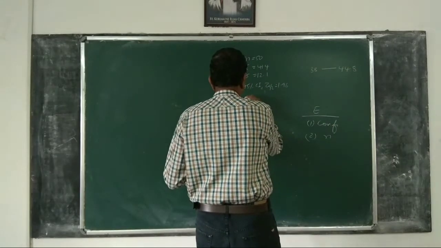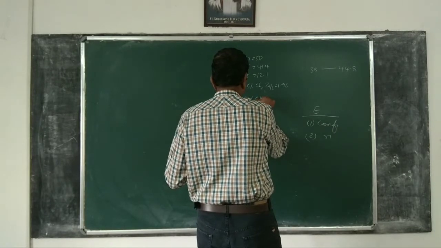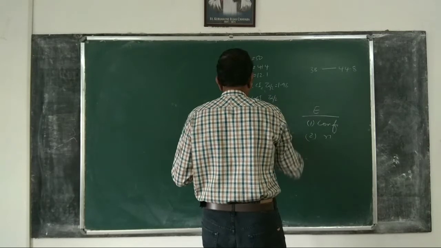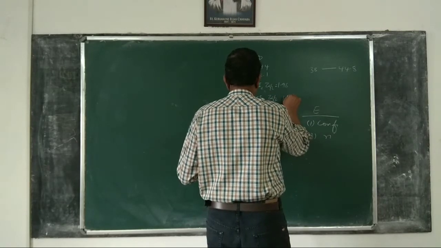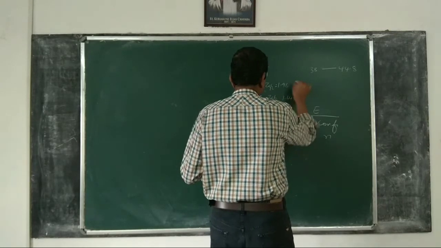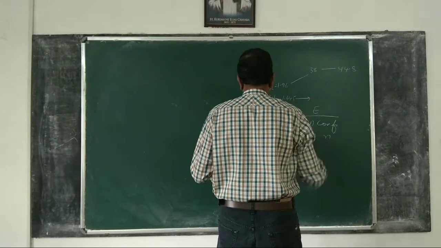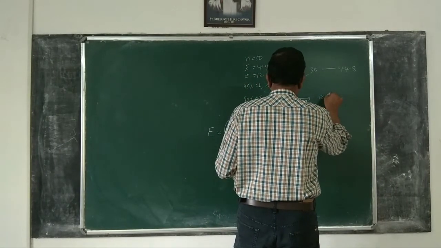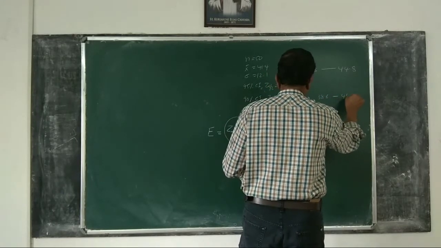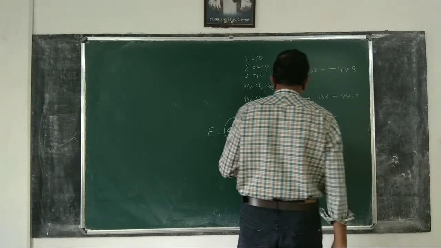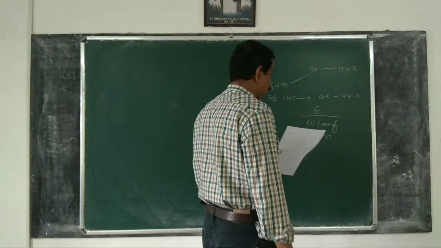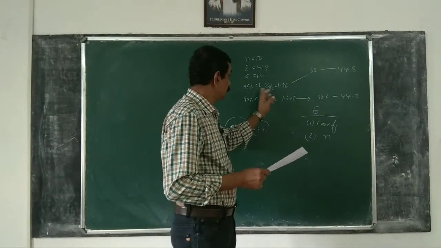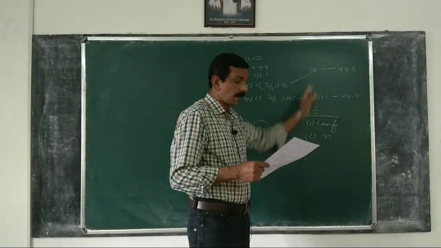For a 90% confidence interval, Z alpha by 2 is 1.645 from the table. That means the confidence interval is 38.6 to 44.2.